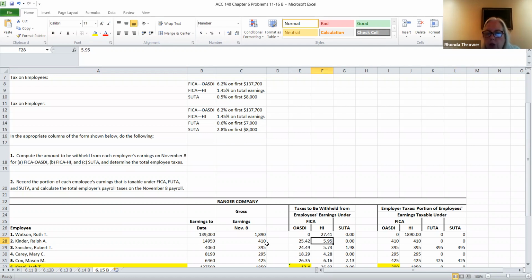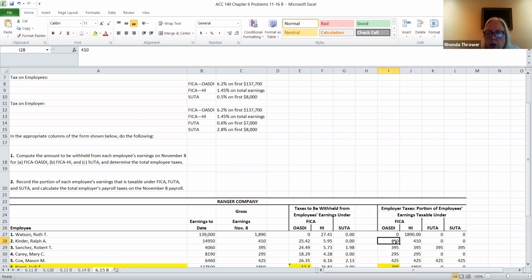We'll take the $410 and multiply it by 0.0145 to get the HI portion that he owes. And because he's gone over the first 8,000, he doesn't owe any more SUTA.